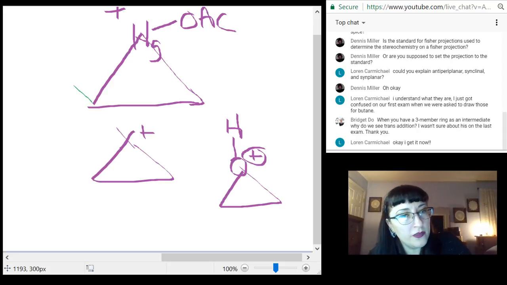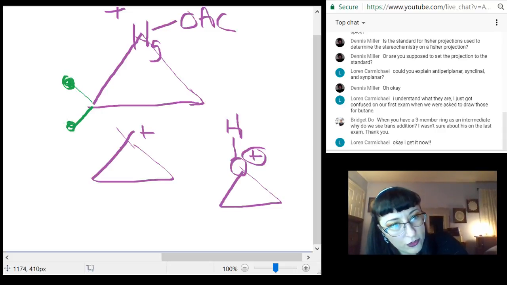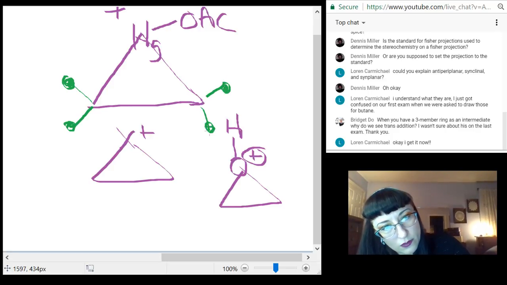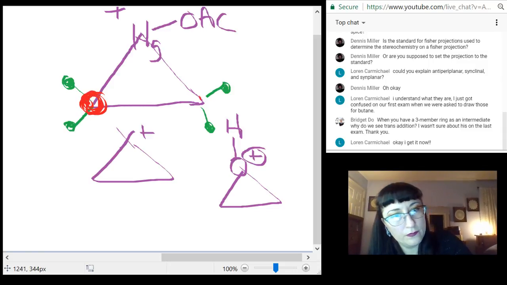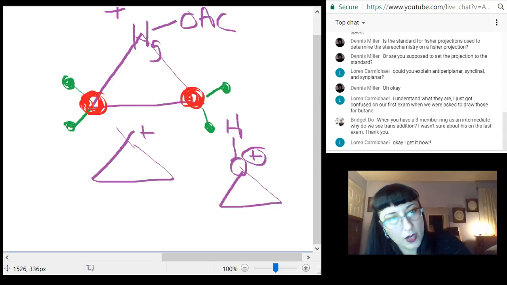Think about what's on this carbon. I've got some hydrogens, and I'm going to color those green. Right. And then I've got the carbons themselves, right?